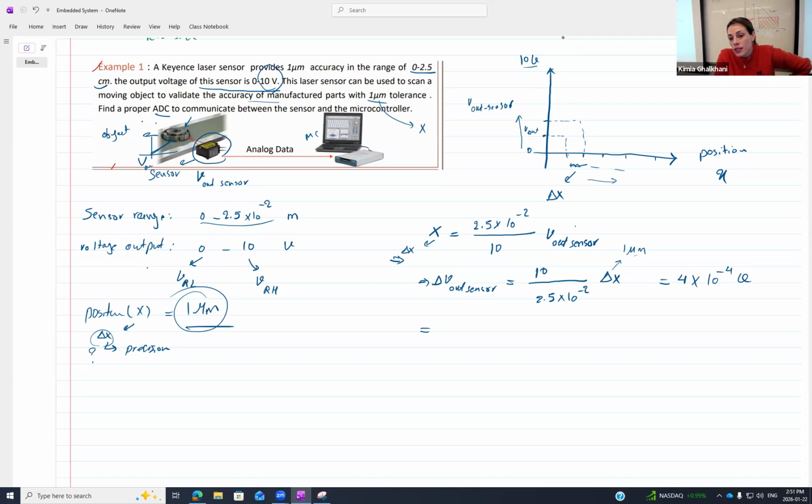And the same in here, since you are moving from here to here in terms of position, voltage will change accordingly. Therefore, this one also becomes your delta, the one I put down in here, delta V out. Now make sense for everyone?